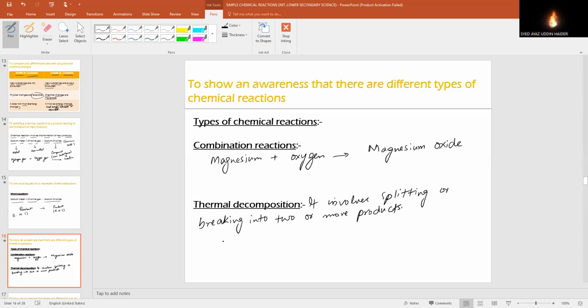Example, limestone, calcium carbonate. Calcium carbonate is limestone. When you heat it, you will get calcium oxide plus carbon dioxide gas.